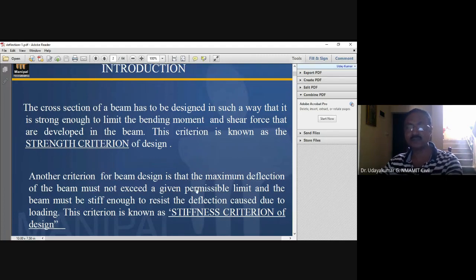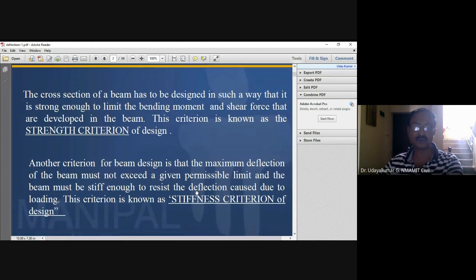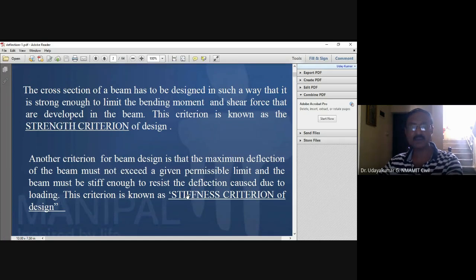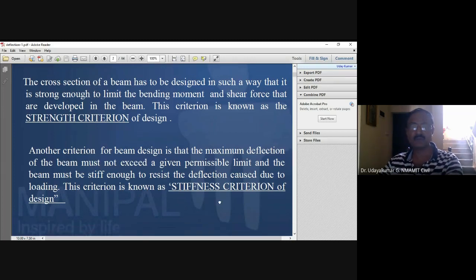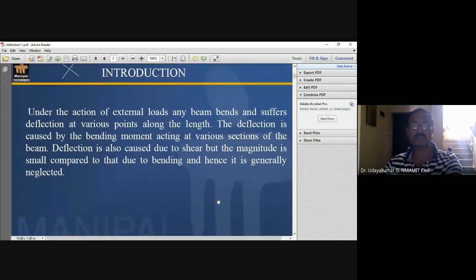So you can check the limit of deflection, or what the maximum deflection can be for a particular beam. Depending on the different end conditions, like a simply supported beam, cantilever, and overhanging beam, what is the deflection at different points, as well as the maximum deflection.